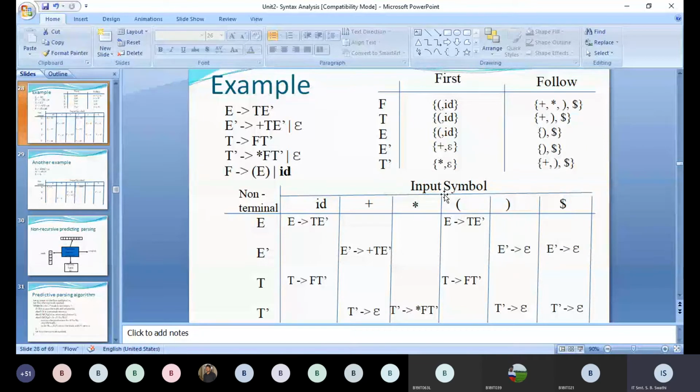Based on that, it will pick up the productions which will generate the given input. These computations are the first and follow methods. Based on this, you can easily identify which grammar rule will generate the production.